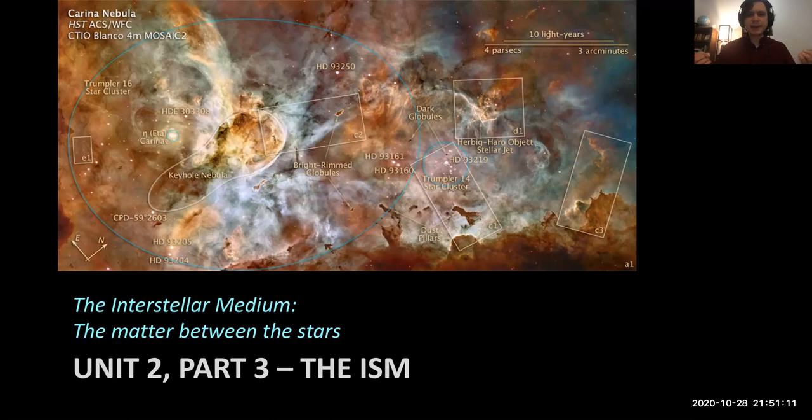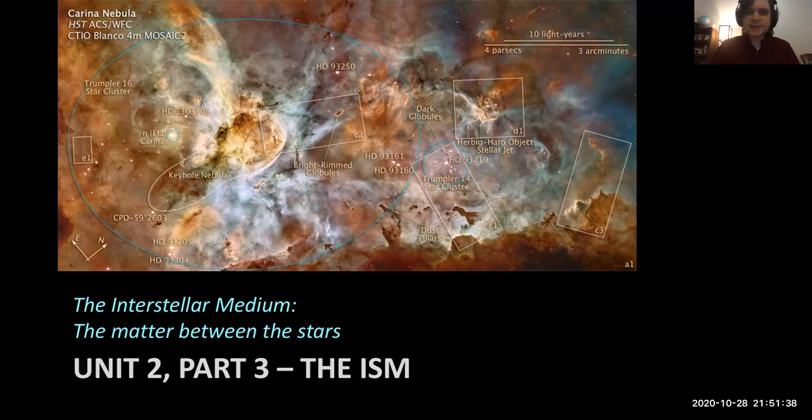Stars are dying, and as they die, they're ejecting material back into the ISM, which then can be pulled into denser regions of the ISM, which can collapse to form new stars. So the ISM is the hub of star formation and star death. It is an important part of how everything changes, how our galaxy evolves and changes over time.